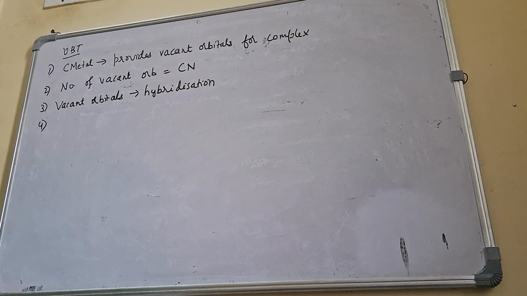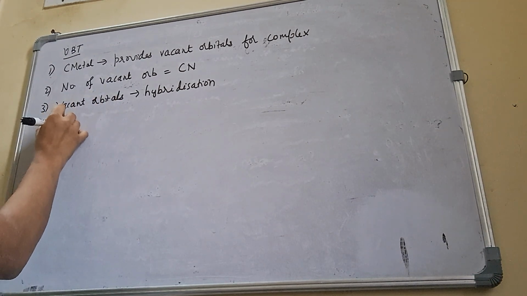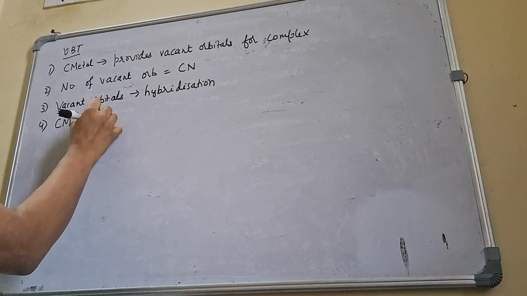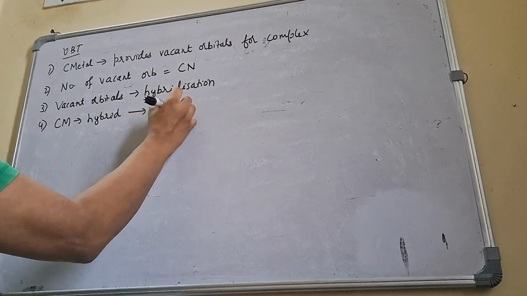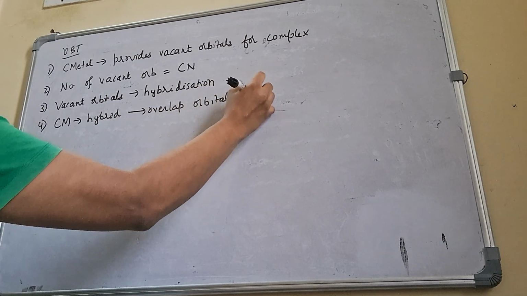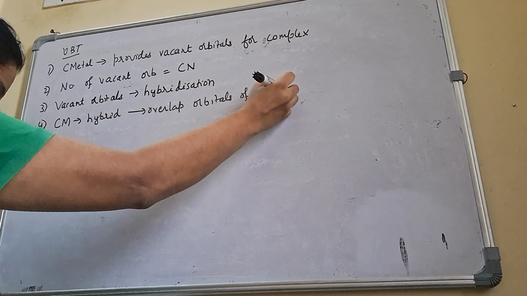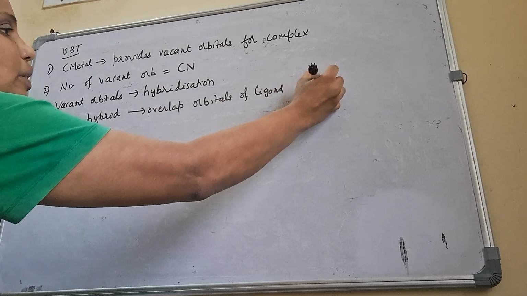The fourth one: now you have hybrid orbitals. The central metal has hybrid orbitals now. These hybrid orbitals overlap with the orbitals of the ligand. And when the orbitals overlap, it means there is sharing, and they form coordinate bonds.